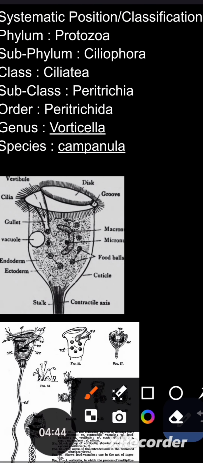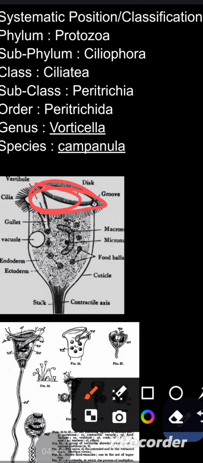And next one, peristome and cilia. Around the upper edge is the peristome, the upper rim. The structures here are called cilia.